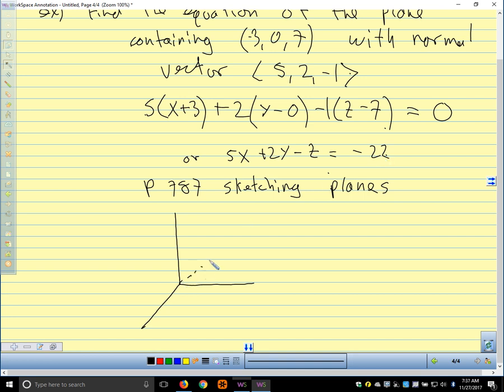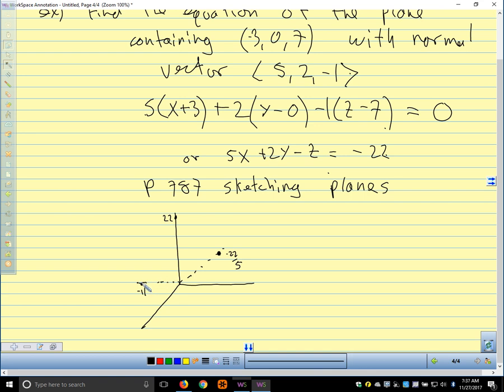So we'd have a point out here at negative 22 fifths. Then when x and y equal 0, z equals 22. So we'd have a point up here at 22. And then when x and z equal 0, y equals negative 11. So we'd have a point out here at negative 11.